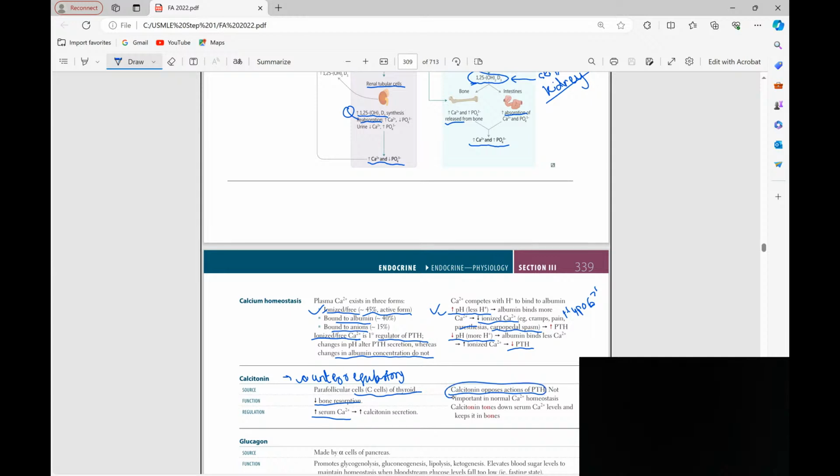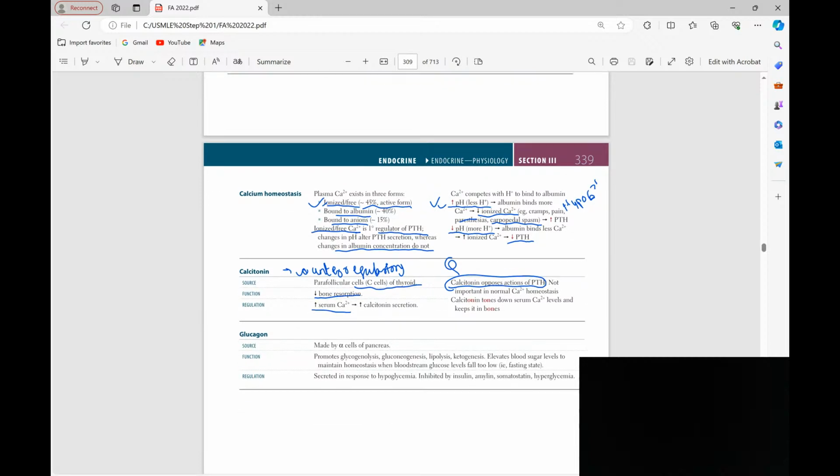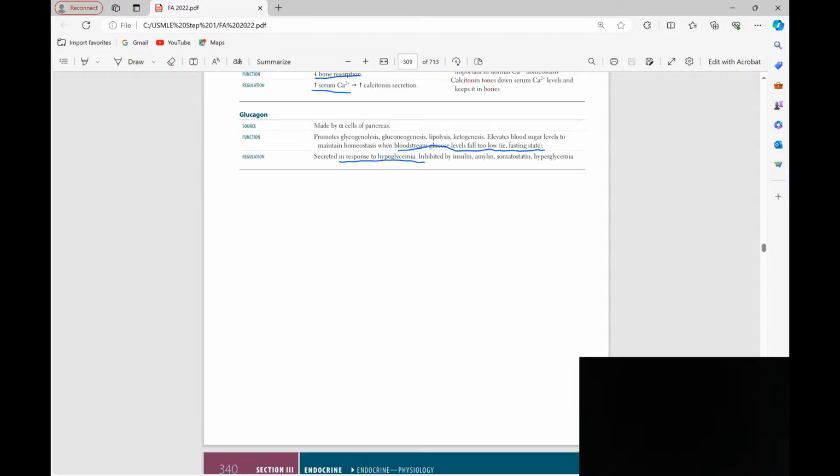So we don't need to remember much, only that it acts just opposite to parathormone. Glucagon, as we have said, is secreted in response to hypoglycemia, and it will do anything to increase blood glucose when it is too low, and we also use it as treatment in conditions of refractory hypoglycemia, as we have seen before.